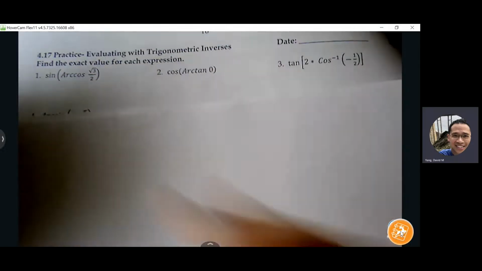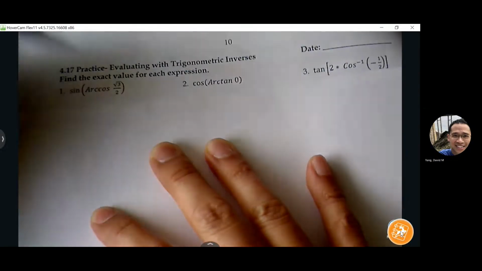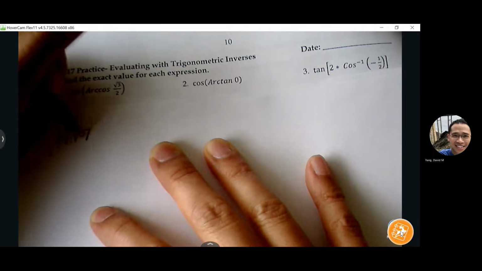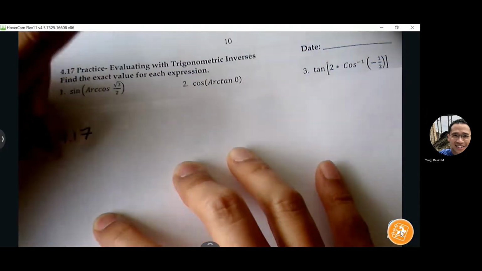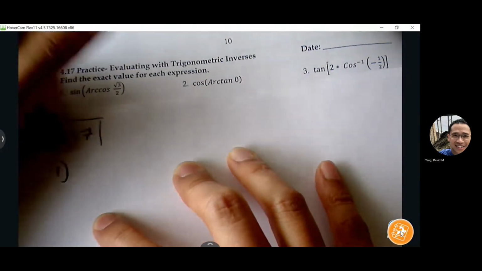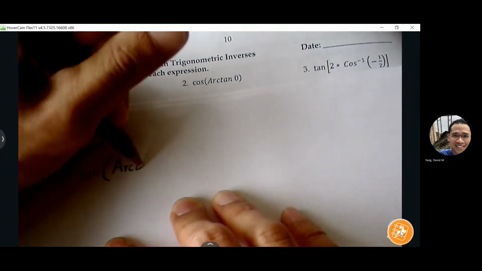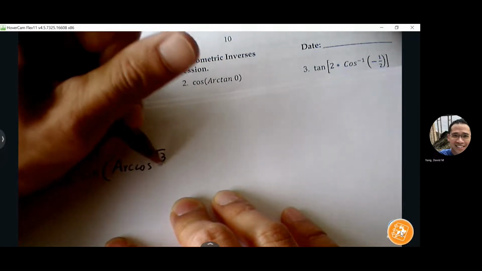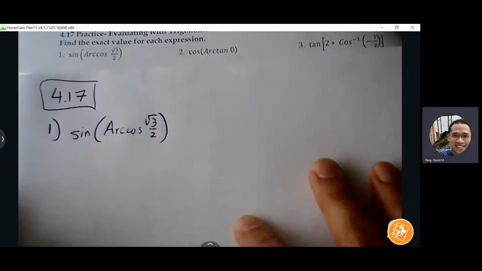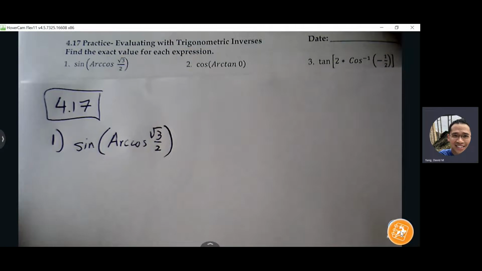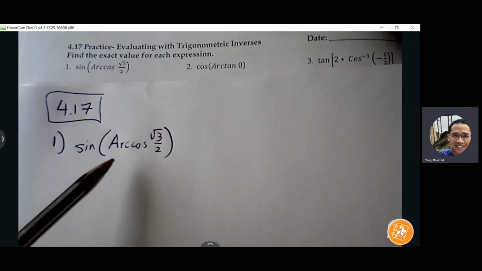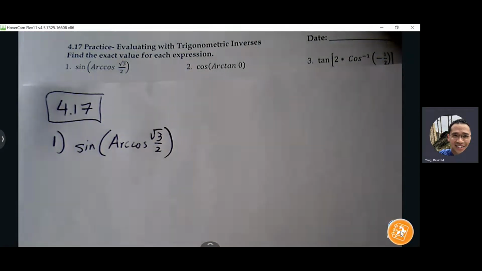Okay, so number 1. Okay, so we always start inside the parentheses. Okay, arc cosine of root 3 over 2.